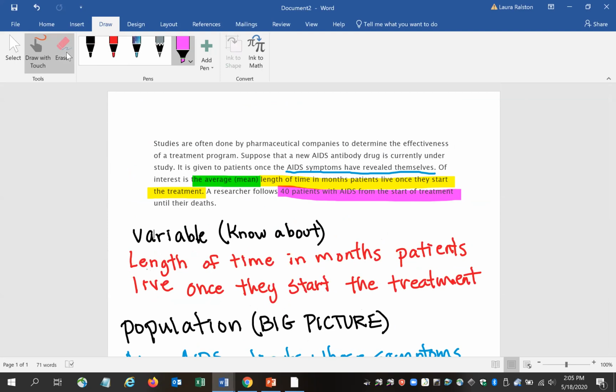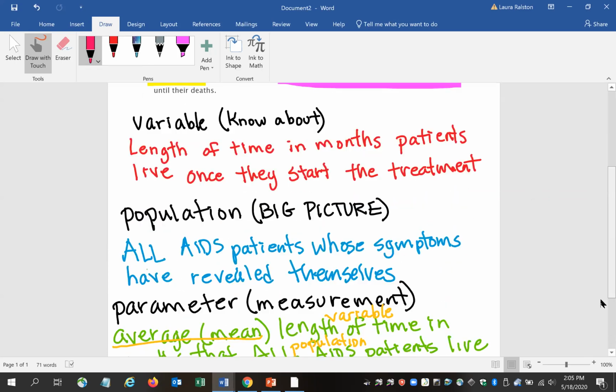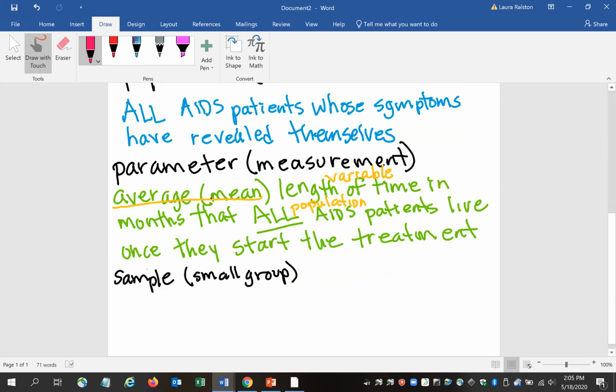So I'm tracking 40 patients. Okay, so my sample is the 40 patients who have begun the treatment. 40 AIDS patients.